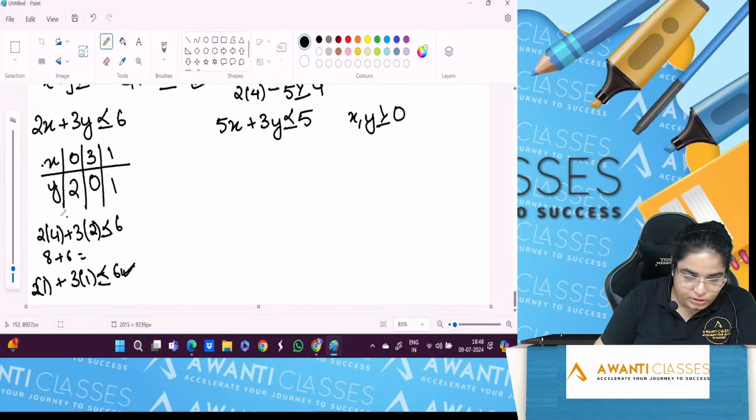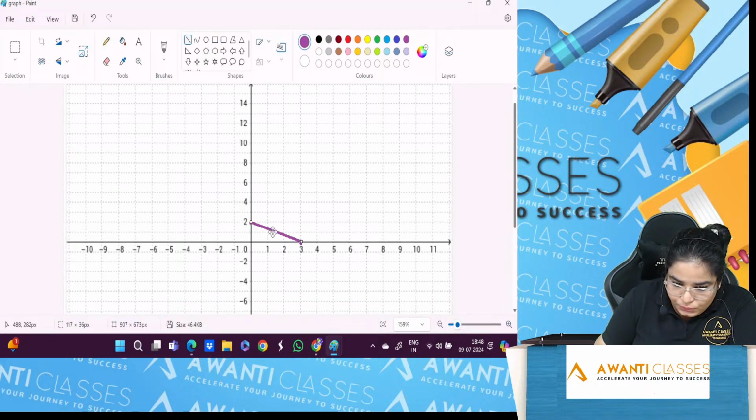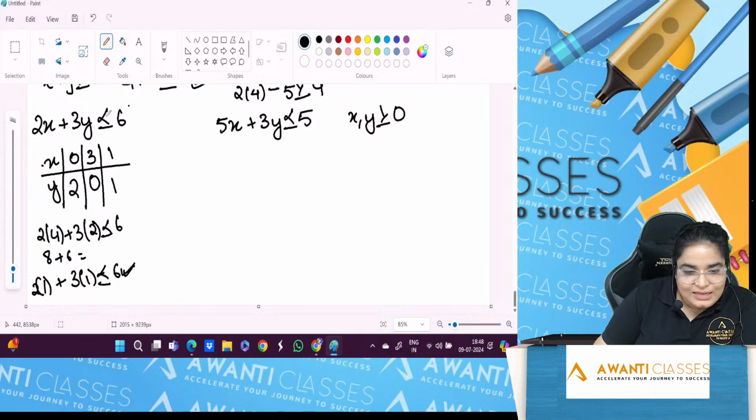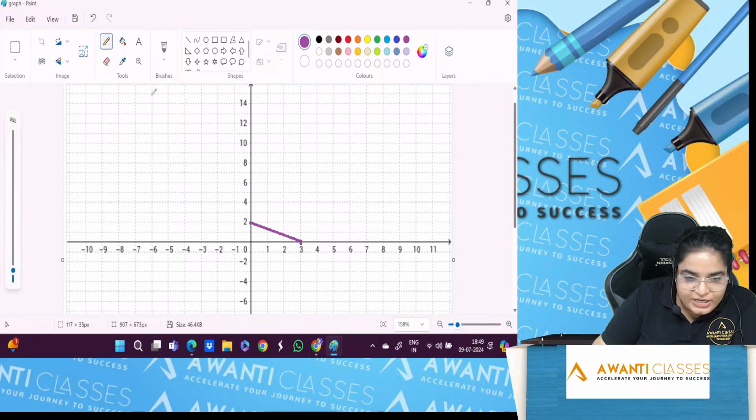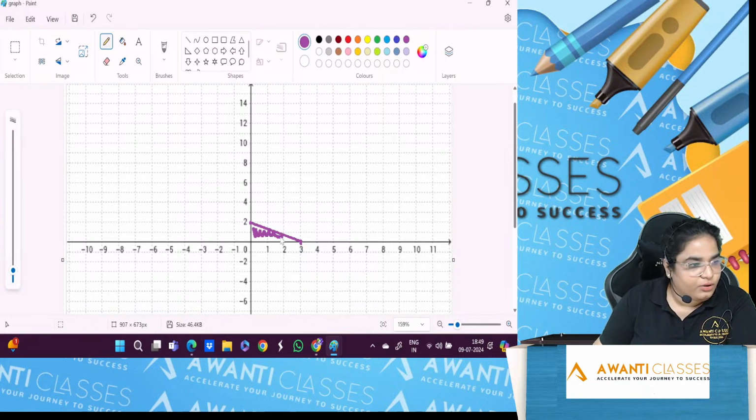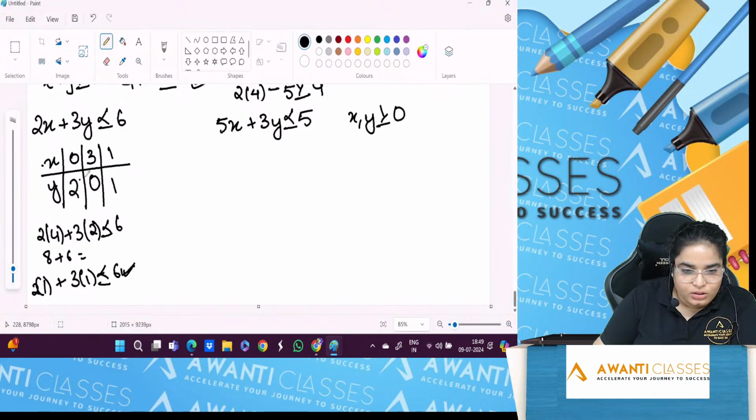That we can plot. And because x cannot be less than 0 and y cannot be less than 0, the only shading will be in this region. Okay, can you understand? Great.